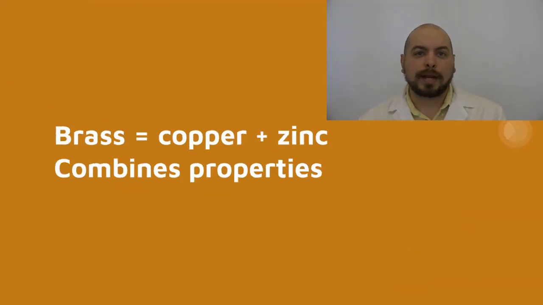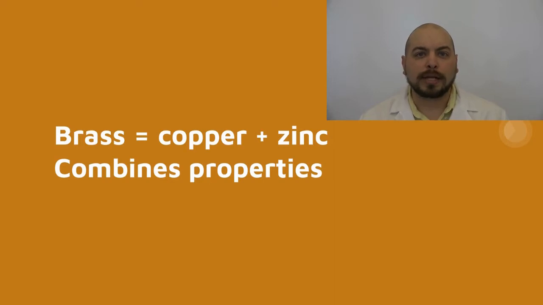One example of an alloy that we're actually going to utilize in a laboratory here in class is going to be brass. Brass is a mixture of copper and zinc. And so what it's going to be able to do by creating an alloy is actually combine the properties of both elements involved in making that compound.